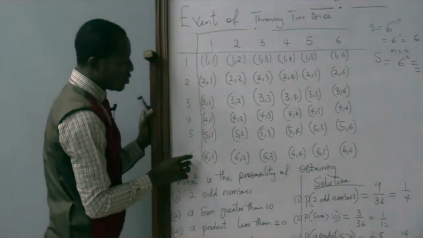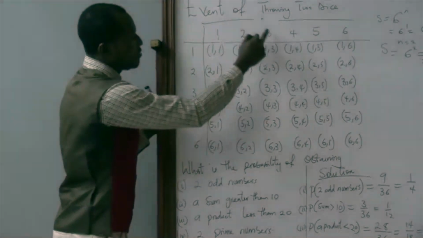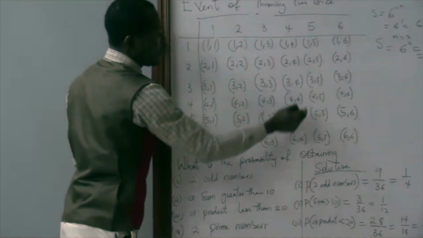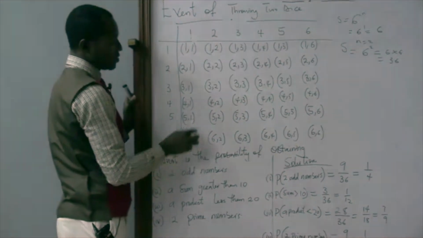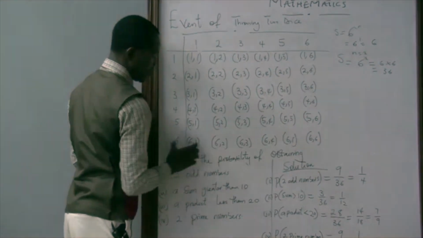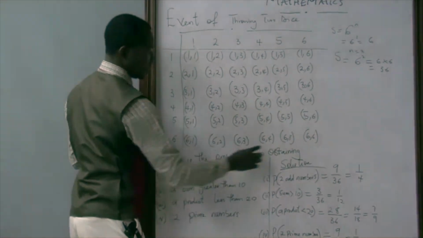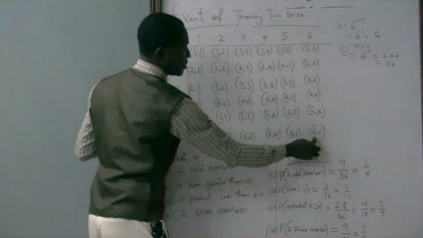So we go on and on. 5,1, 5,2, 5,3, 5,4, 5,5, 5,6, 6,1, 6,2, 6,3, 6,4, then 6,5, then 6,6.